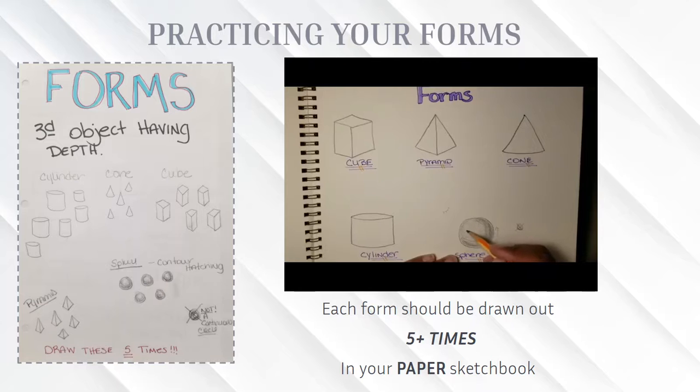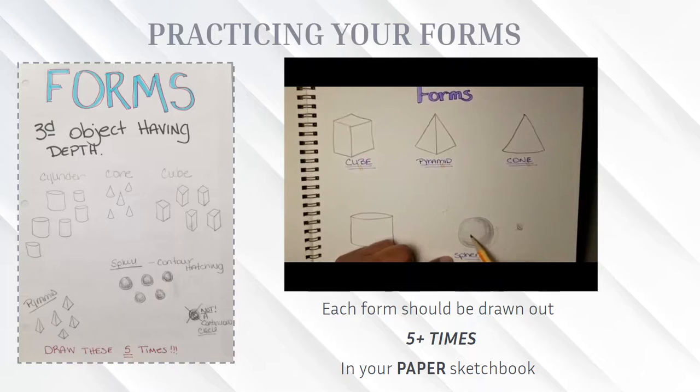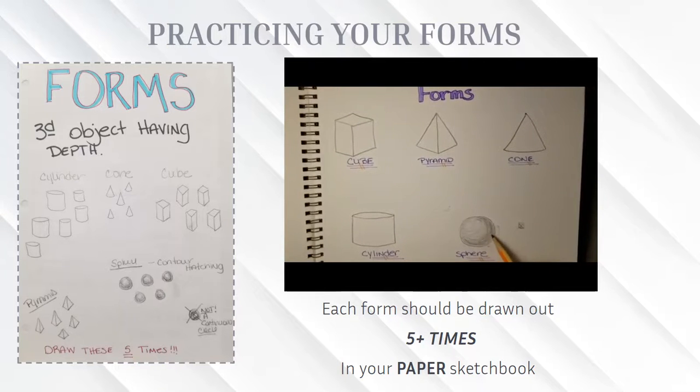And remember, when you're in the center, it's just a little bit of graphite laid down. I like to erase just a tiny bit, just leave it there on the surface. All right, so there you have your forms.